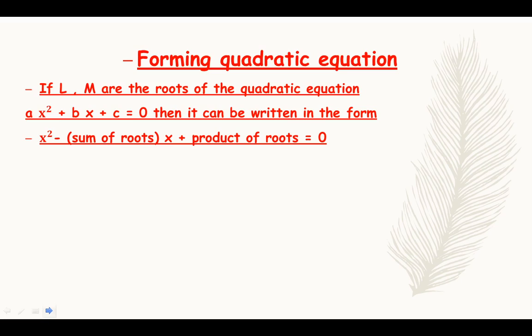So if we want to form a new quadratic equation, we are going to use this rule: x power of 2 minus sum of roots multiplied by x plus product of roots equals 0.